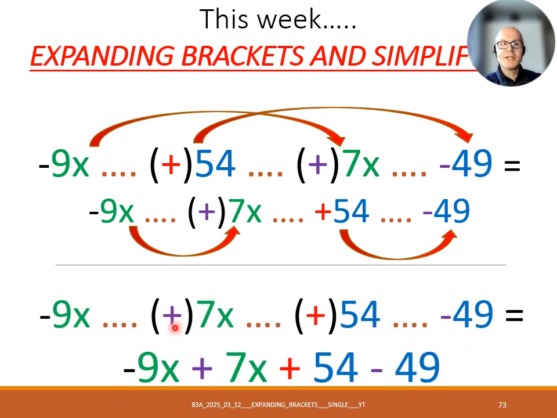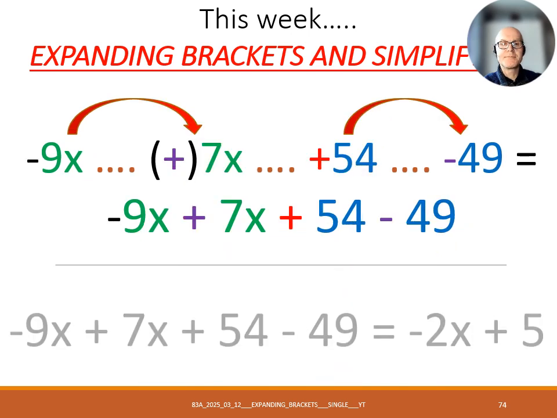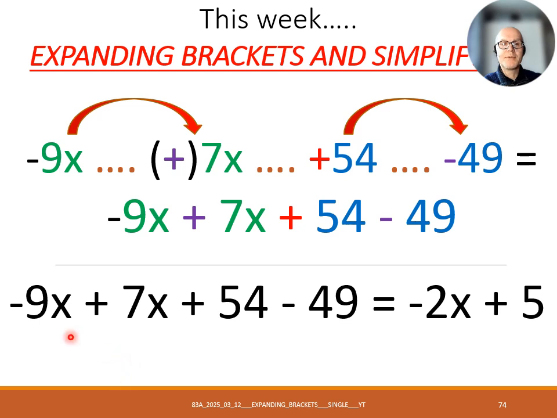Then we can change signs to functions to get negative 9x plus 7x plus 54 subtract 49. 2 x's together, 2 numbers together. And let's work it out. Negative 9x plus 7x equals negative 2x, and positive 54 subtract 49 equals plus 5. This is our answer, negative 2x plus 5.